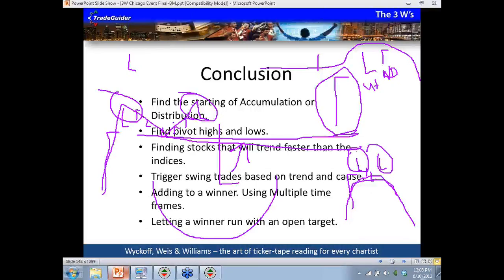I'm looking at it upside down. And as soon as you see it break through that support, it comes back up, and you start looking for those solid signs.